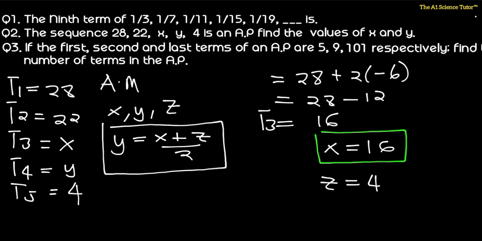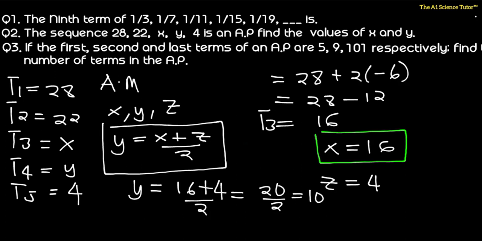Z is equal to 4. So y is going to be 16 plus 4 divided by 2. So this basically gives us 20 divided by 2, which is going to be 10. So that is the answer to the question. Y is equal to 10.